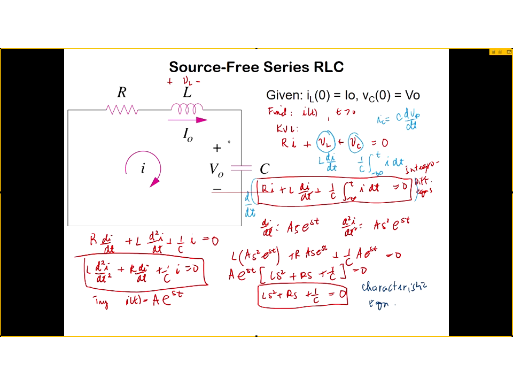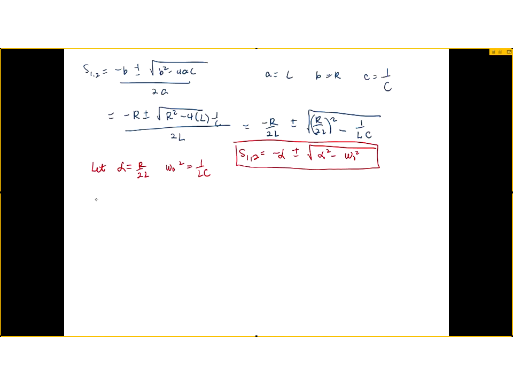Why? Because it gave us a quadratic equation, which means that we're going to have 2 parts to the solution. One that depends on s1 and another part that depends on s2. So our general form of the solution for i of t would be A1 e to the s1 t plus A2 e to the s2 t.